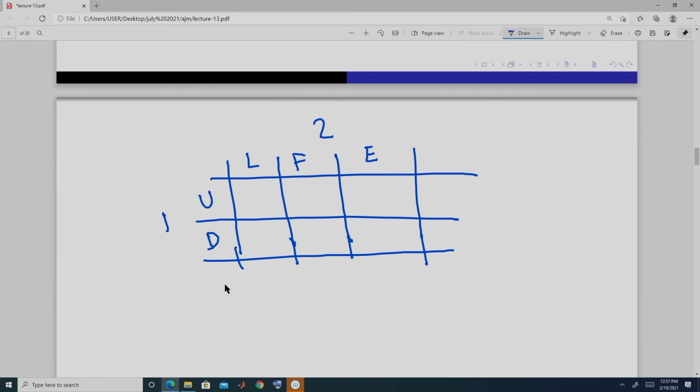So, now this is a type of asymmetric game where the action or strategy space of player 1 is U and D, and for player 2 it is L, F and E. Okay. And now, suppose we define the payoffs. Suppose the payoffs are like this.